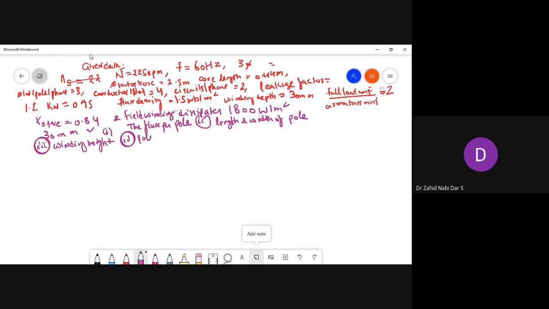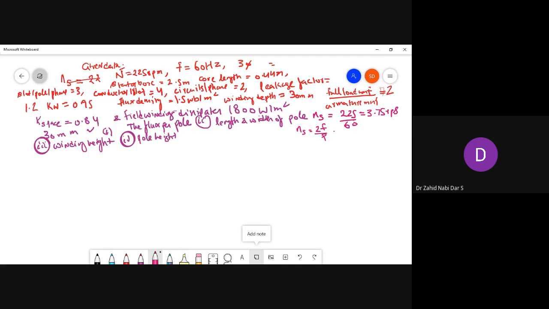So how do you go about this is, first of all, the ns value you know would be equal to 225 by 60. When you calculate this, you get around 3.75 rps. Now formula 2, you know that ns is equal to 2f by p.